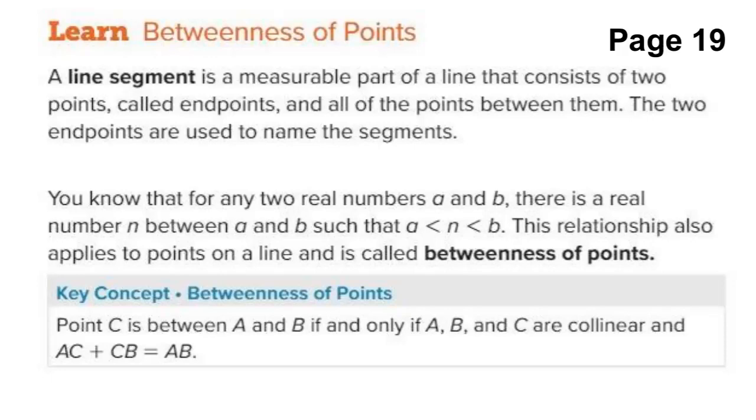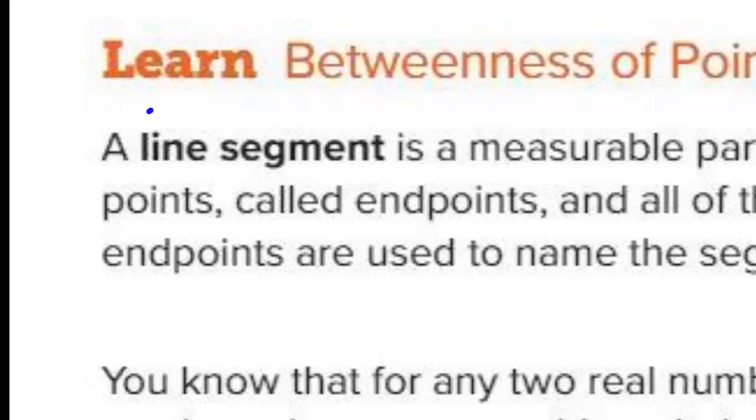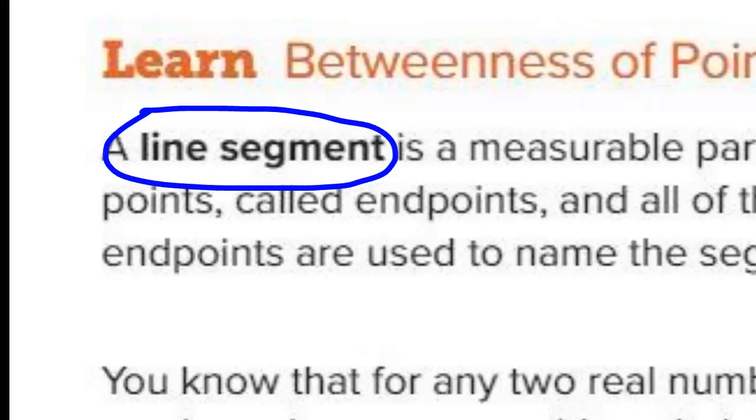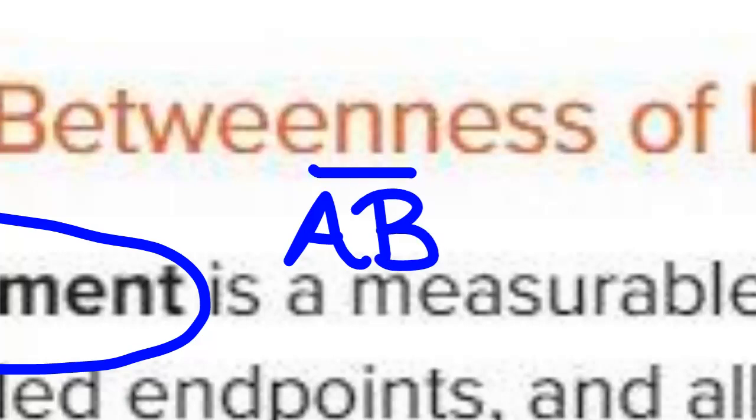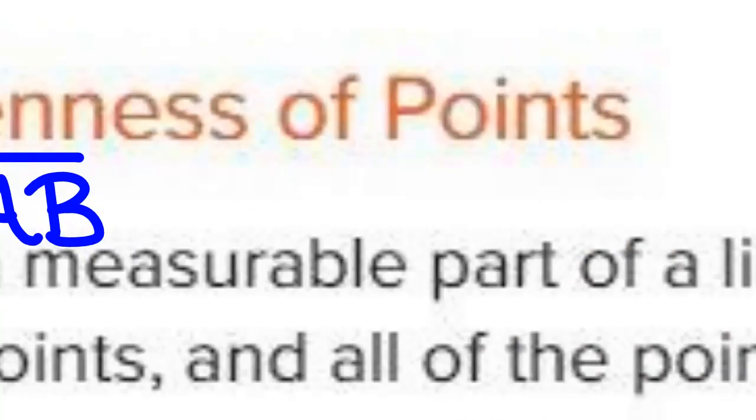That is the way we will do our notation for line segments. We're going to have our two endpoints. We're going to have a dash over the top of it. No arrows this time. Arrows for lines, dash for a line segment.